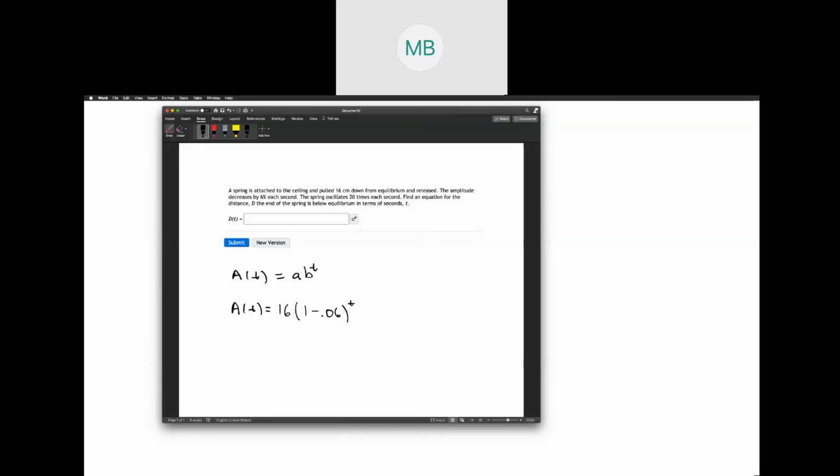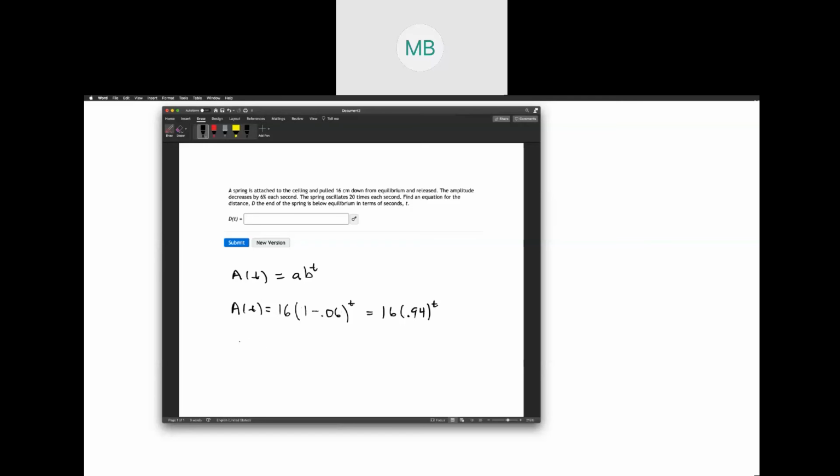So b is 1 minus 0.06. So you get 16 times 0.94 to the t for the amplitude.